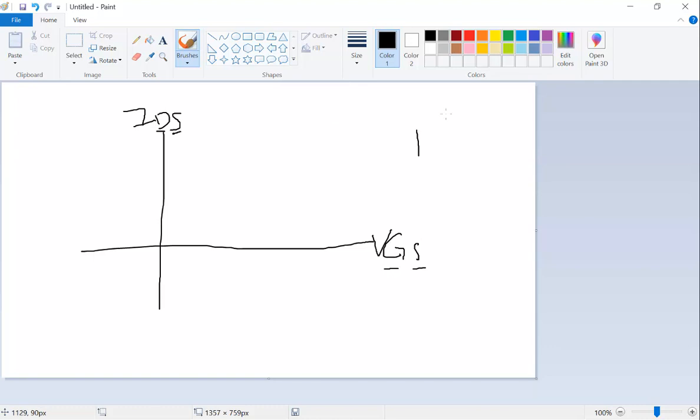IDS is the current from drain to source. Current from drain to source means electrons are flowing backwards, right? That's why it's the source of electrons. Here's a gate. So IDS is the current flowing from top to bottom, and VGS is the voltage potential between G and S. That's VGS.